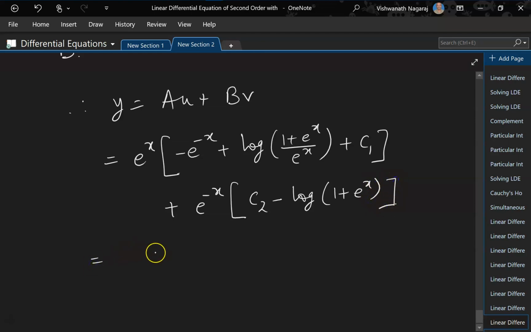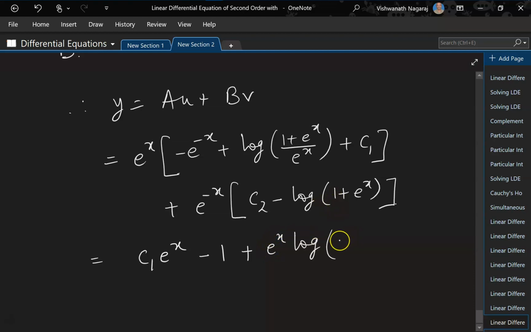Okay, let's do a little bit of simplification. We don't want to start with the minus itself, so let's take c1 first. So c1 e to the power of x, then minus here e to the power of x times e to the power of minus x, numerator denominator. So it becomes 1 plus e to the power of x.